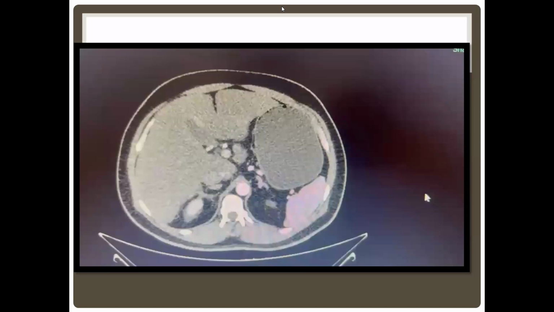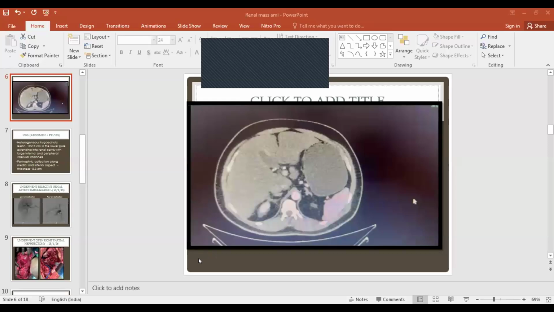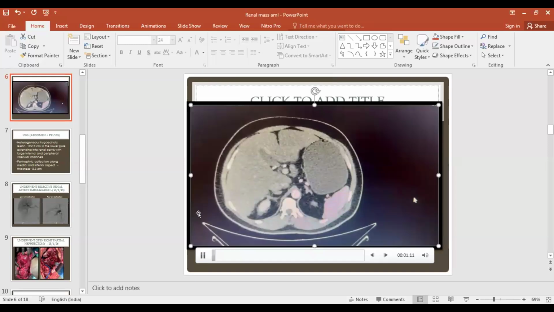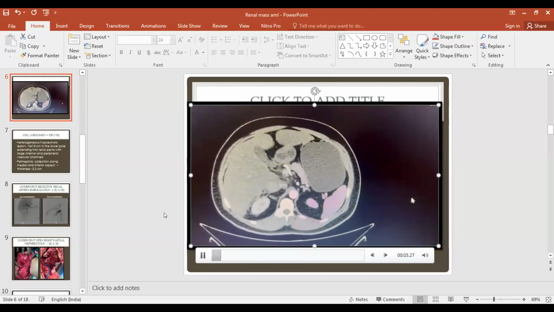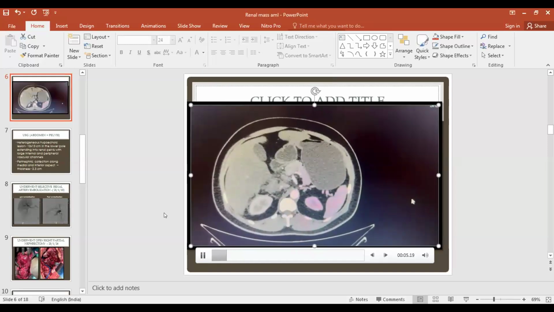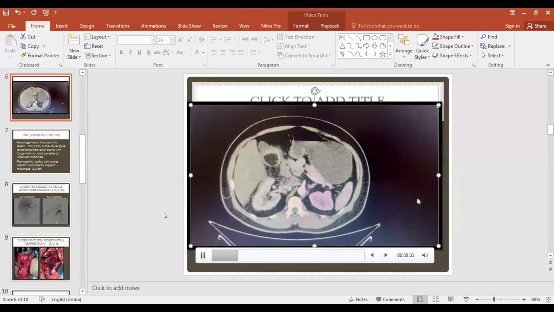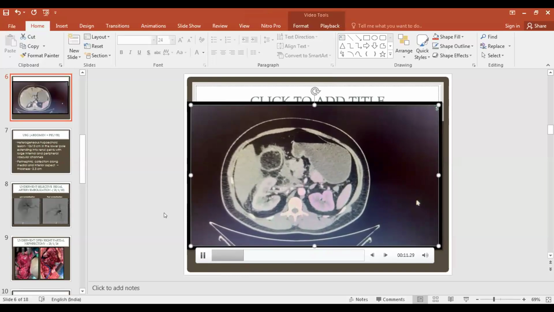Sir, AML will have a fat density. It has a fat component, and then a muscle component and a vasculogenic component also. So classically, the fat component will have a low HU, around -10 to 0, sir. And classical AML has no calcification.